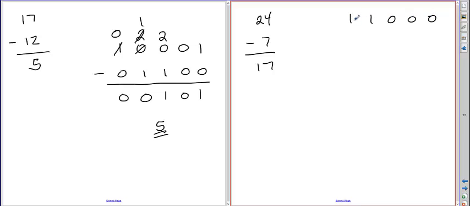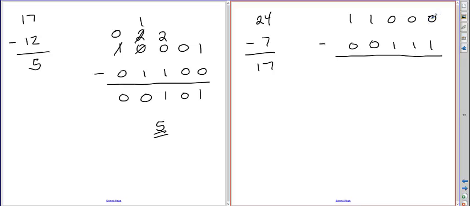So 16 plus 8 is 24. 7 is going to be, oops, back here, got carried away there. So this is, 7 is 4 plus 2 plus 1. So that's 7.